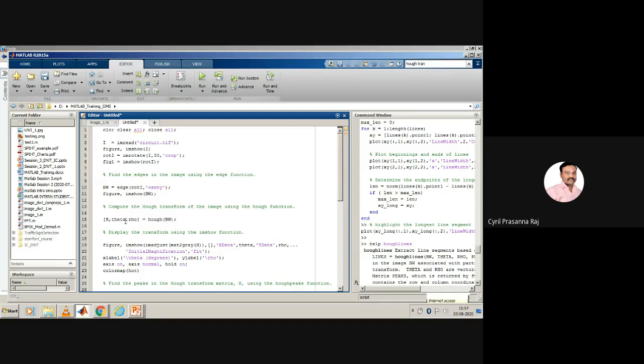Second thing is you can even run the same program for your original image without DWT, then see whether Hough transform is able to find better lines in a given image. You have to try this and find out which is better: using DWT with Hough transform, or only Hough transform, to identify the number of lines in a given image.